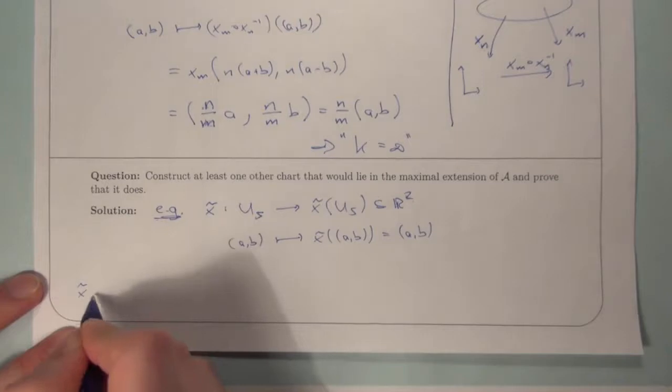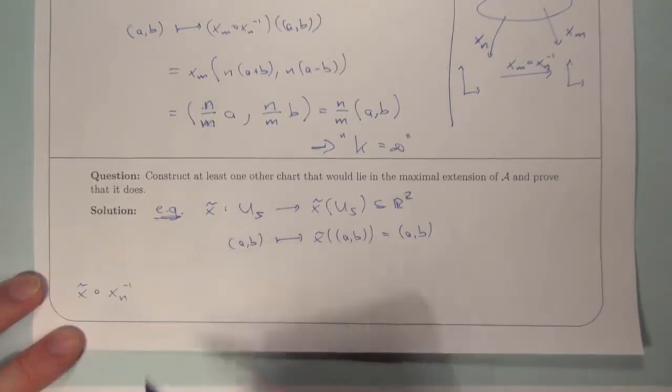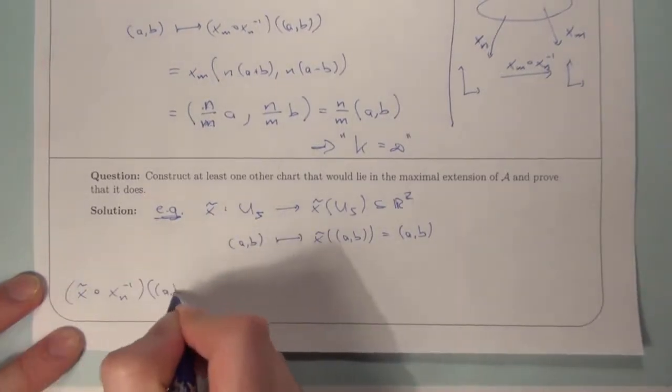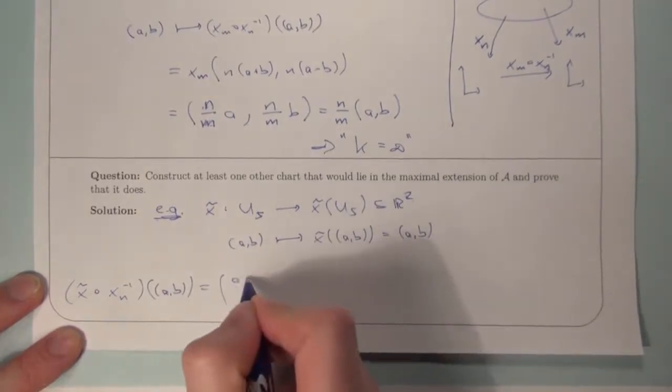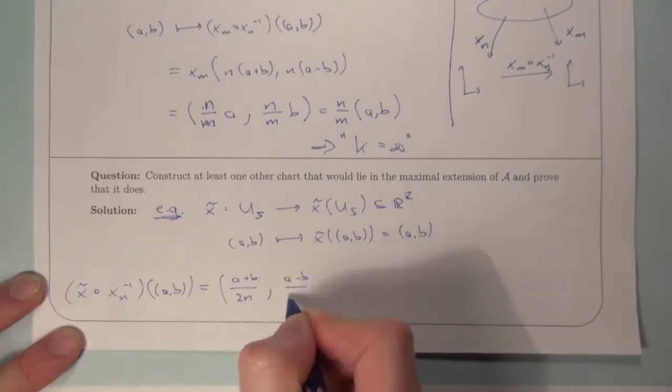This is in the first place x tilde after xn inverse, and this one takes some a and b, and this is mapped to a plus b over 2n, a minus b over 2n.